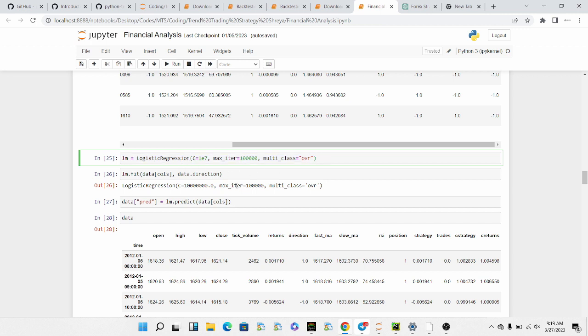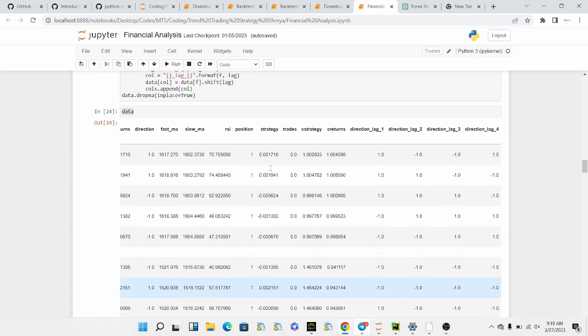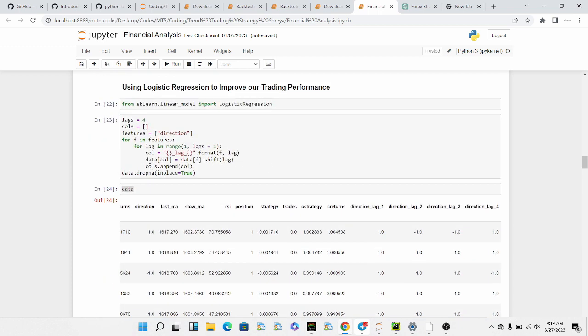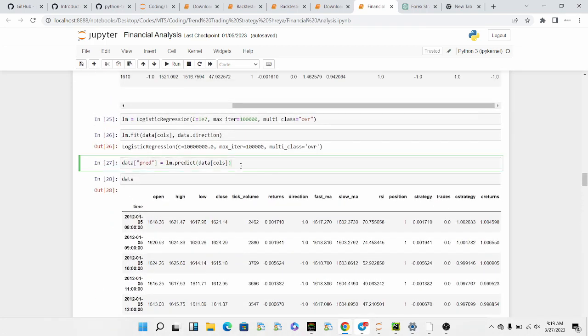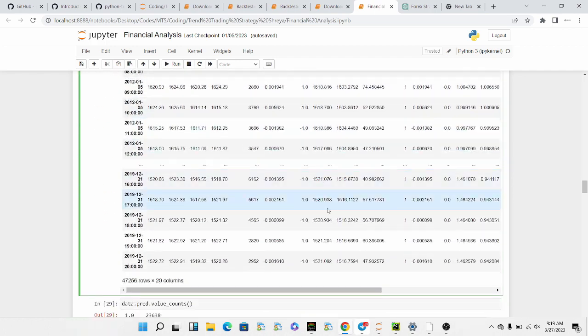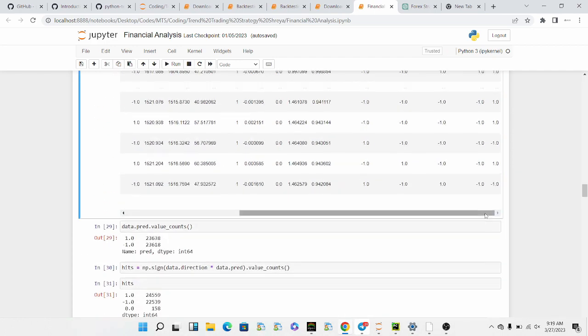So the next thing we did was to fit our data using data.columns. The columns here are these lag values. When we view the data here, we now have a new column called prediction.